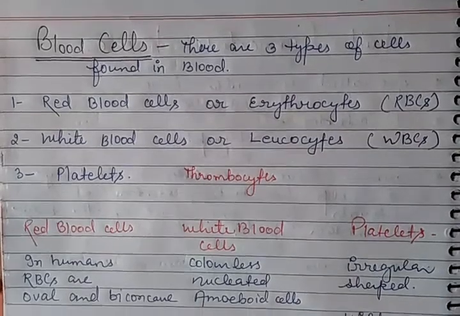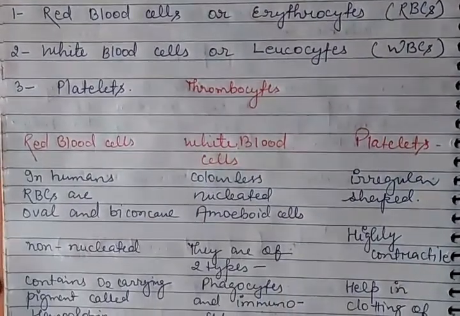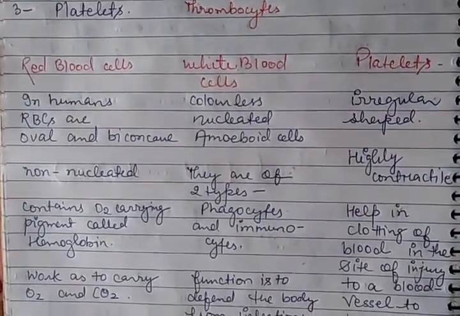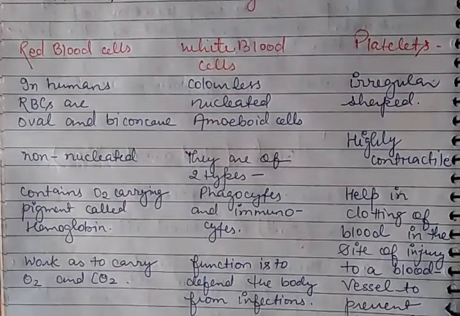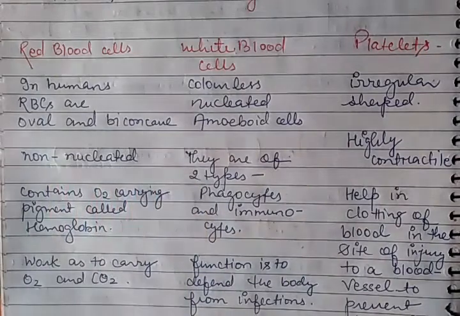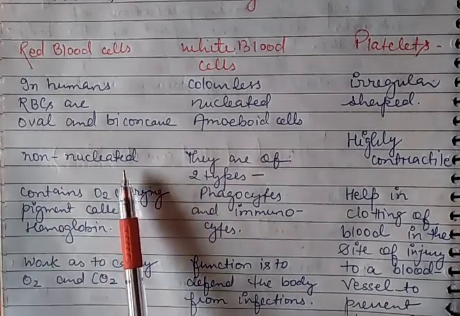So we will talk about these blood cells in detail. So let's see the blood corpuscles in a comparative view. Red blood cells are oval and biconcave in the human body, and they are non-nucleated.